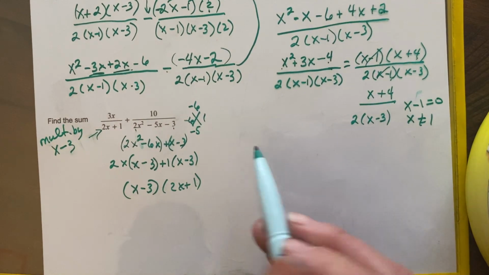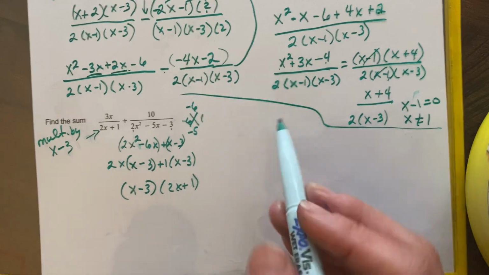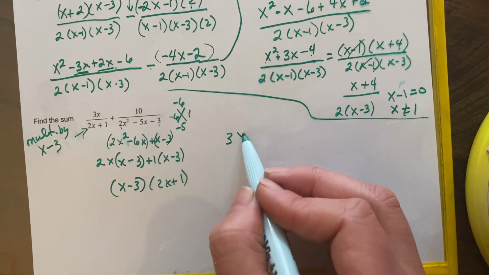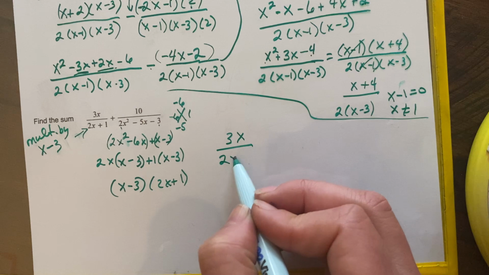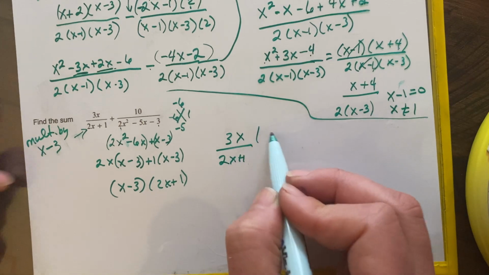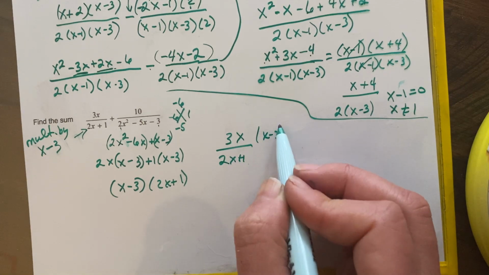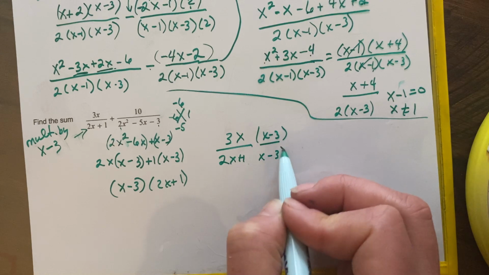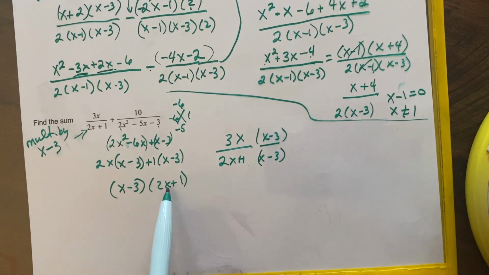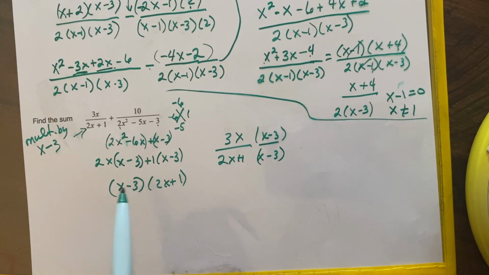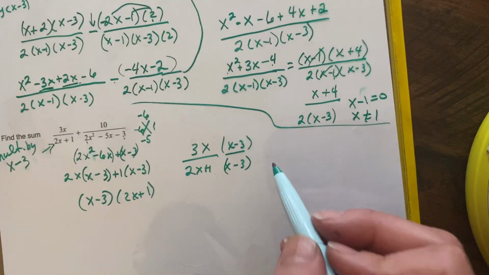All right, so let me just kind of do that to get some space. So we have 3x over 2x plus 1 times that x minus 3. And this one, I don't need to do anything because it has the 2x plus 1 and the x minus 3. So we're good.